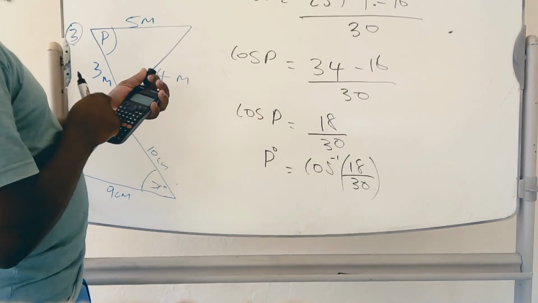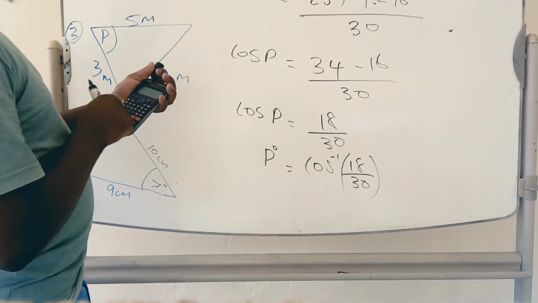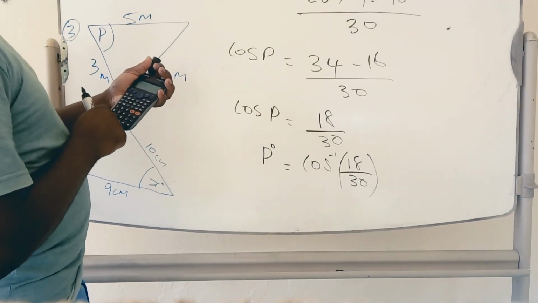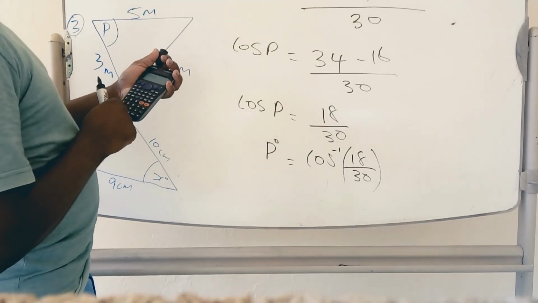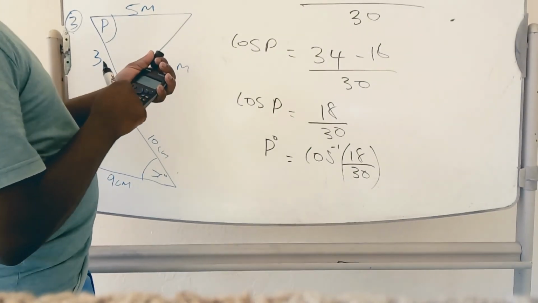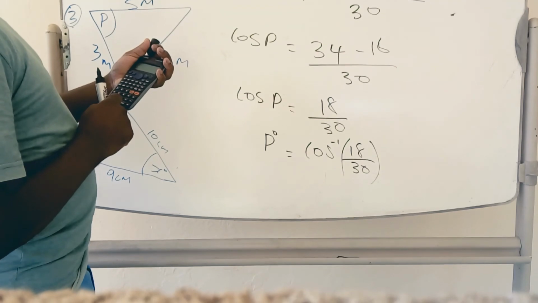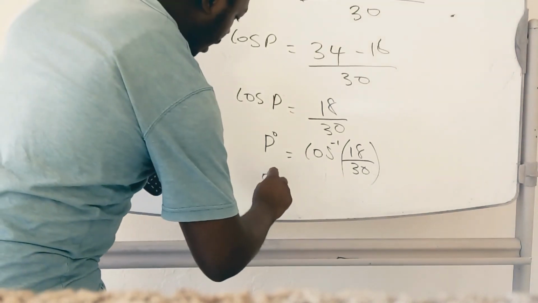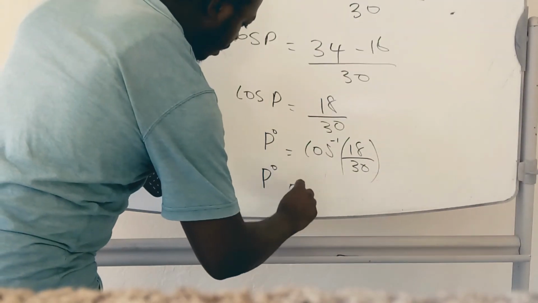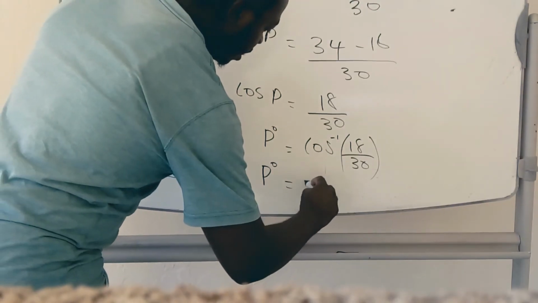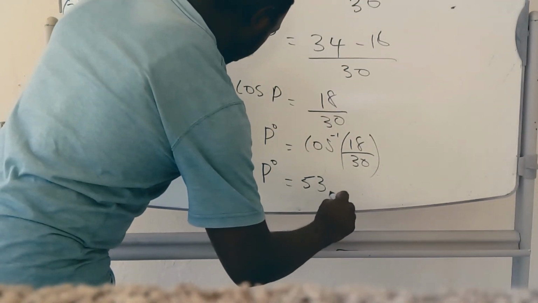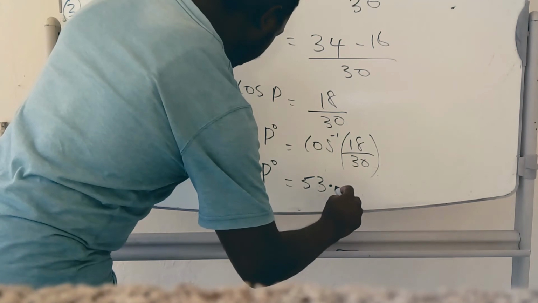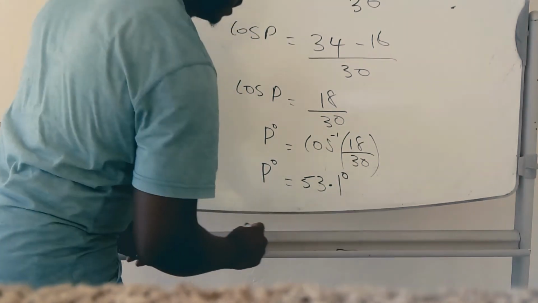So you press shift, cos inverse, select your fraction bar, and that's 18 all over 30. Close your bracket, press equal, and that gives you an angle of P degrees, which is equal to approximately 53.1 degrees.